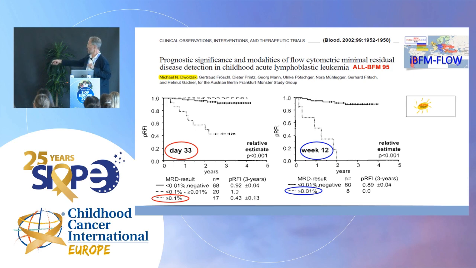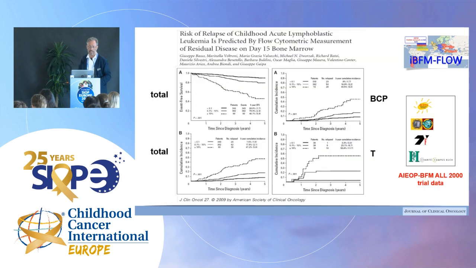So 0.1, we get that. And even 0.01 is something we regularly get. And for example at week 12, everything which has higher numbers like that. And that actually didn't change with all the therapies we have been giving. These ranges of interest didn't really change.